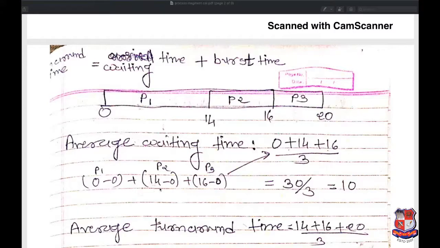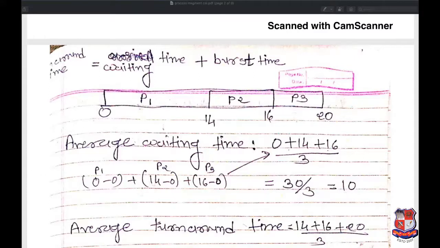I put 14 minus arrival time, which is 0, plus P3. The starting value of P3 is 16 minus arrival time, so 16 minus 0. So total 0 plus 14 plus 16 is 30. Then I find the average, so divide by the total number of processes, which is 3. So 30 divided by 3, and the average waiting time is equal to 10.